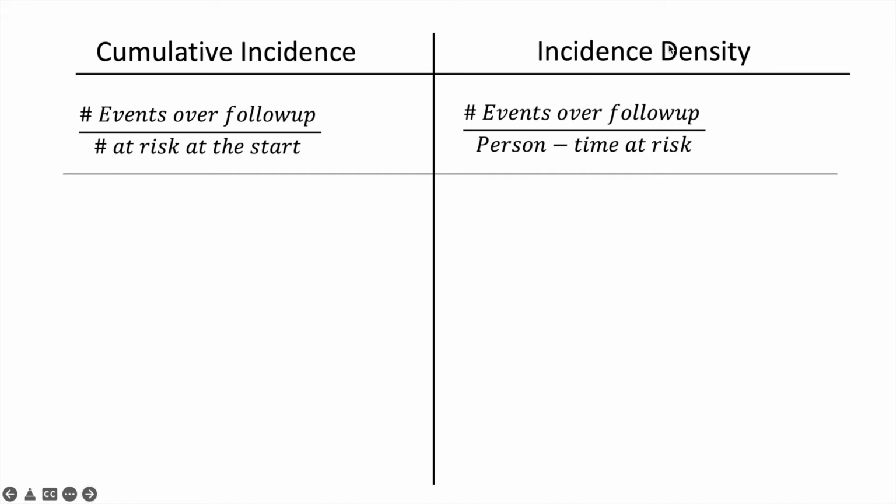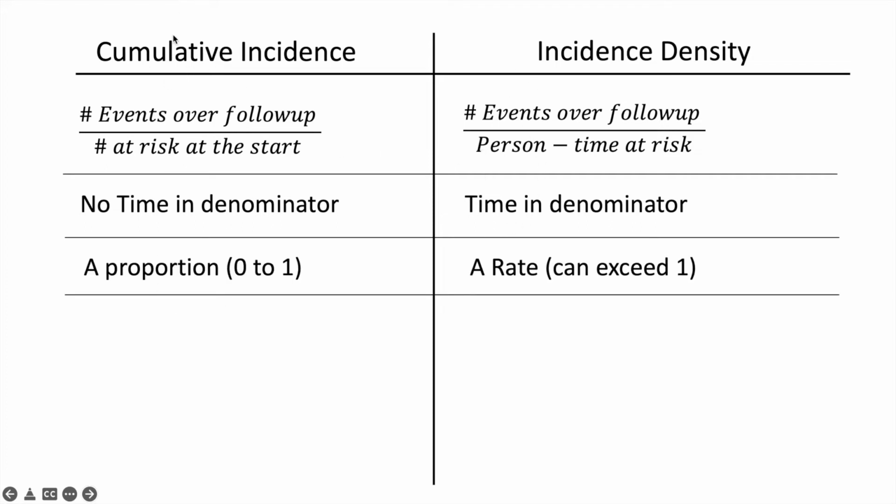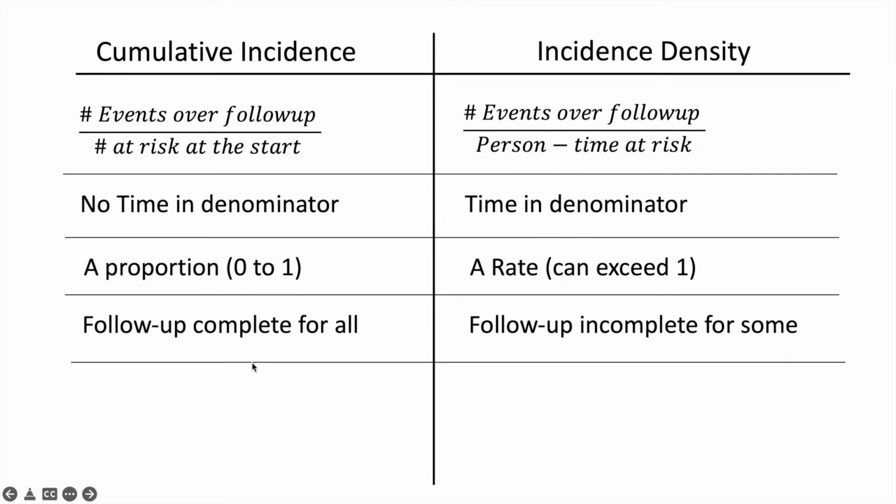And with incidence density, it's something called person time at risk that I'm going to talk about more in a second, but it's basically the amount of time that each person contributed to observation. So there's no time in the denominator of the cumulative incidence, while there's time in the incidence density denominator. Cumulative incidence is a proportion, and in that way it goes from 0 to 1, while incidence density is a true rate that can exceed 1.